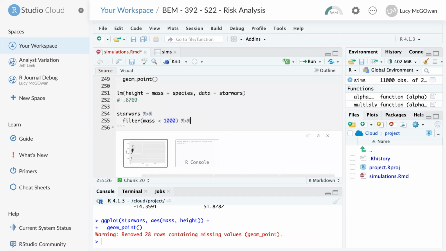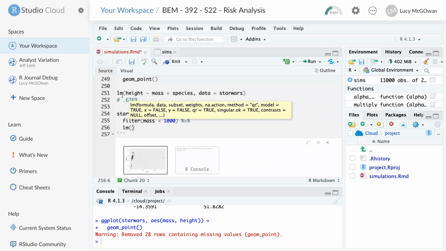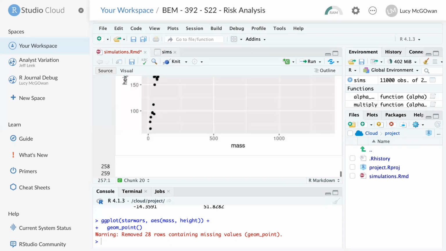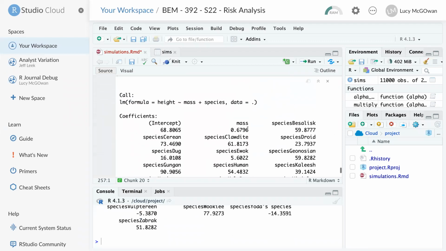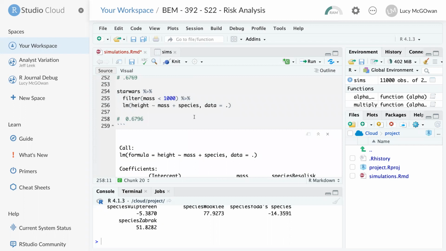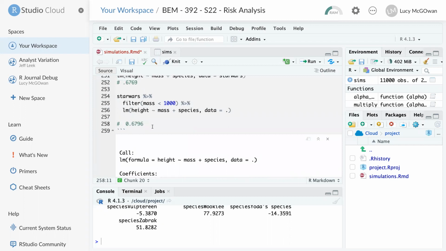I'm going to filter where mass is less than 1,000, and then I'm going to fit that same linear model that I fit before, except now I'm going to use the dot to indicate that I want to put this filtered data set into that data argument. And so when I run that, I get the exact same mass coefficient. It's still 0.6796. And so basically, regardless if we removed that outlier, we ended up with the exact same beta coefficient.